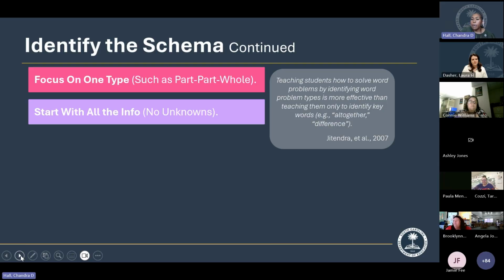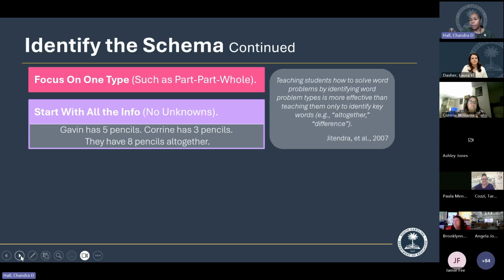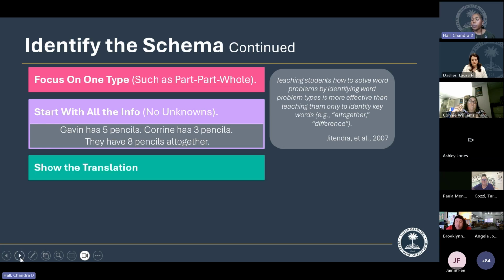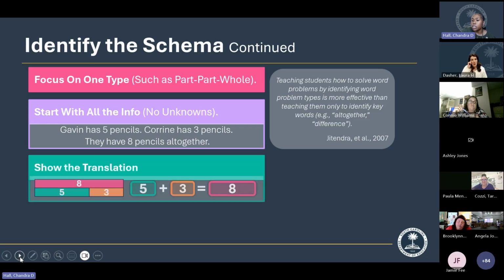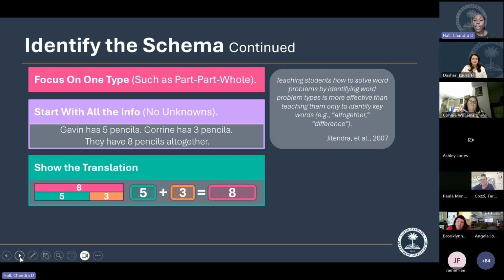You're going to start by giving them all of the information in the problem, and this can look like the problem that we saw earlier. Gavin has 5 pencils, Corinne has 3 pencils, they have 8 pencils altogether. Then you're going to work with them on showing this translation. So we're taking it from words to some type of structure, some type of visual, a picture for them to see.